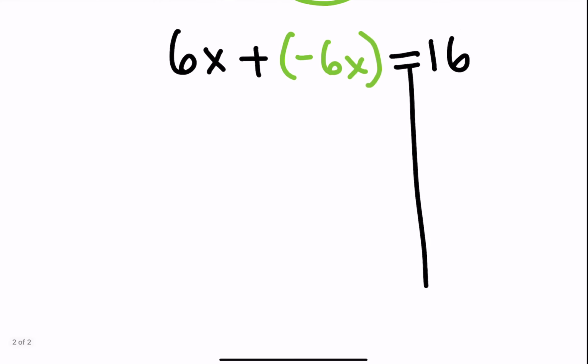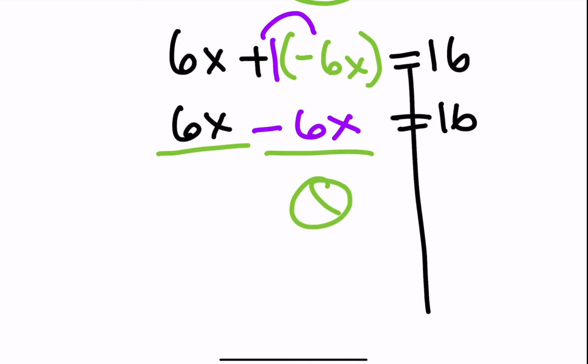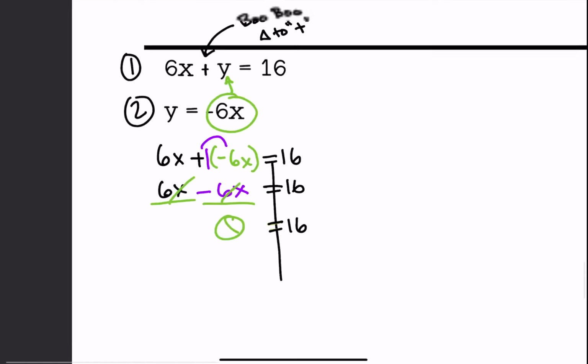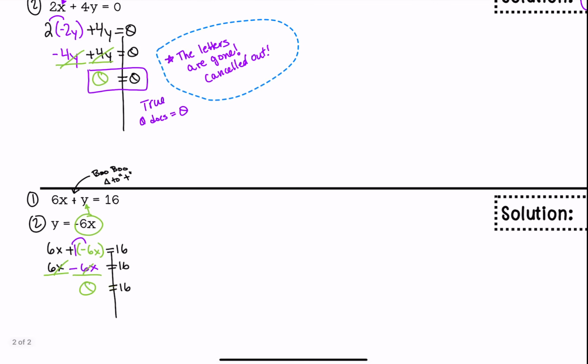Well, this is technically being multiplied by 1. So this leaves us with a negative 6x. So now we have 6x minus 6x equals 16. I combine the like terms here, and oh my gosh, here we go. It cancels out and equals 16. So once again, we're going to write this note. I'm going to cheat though because I'm using technology.